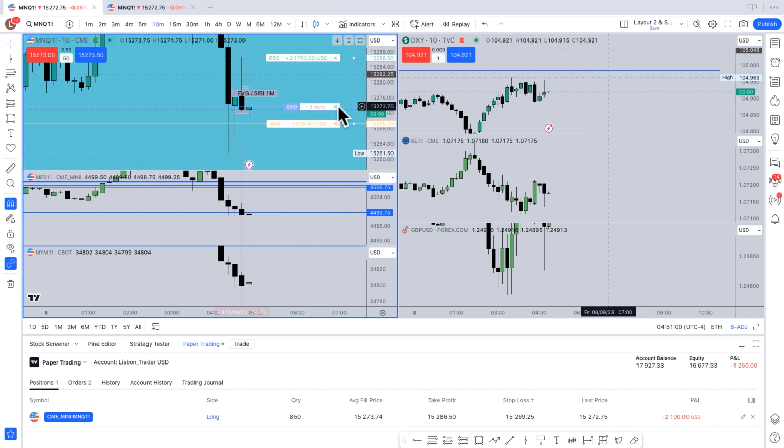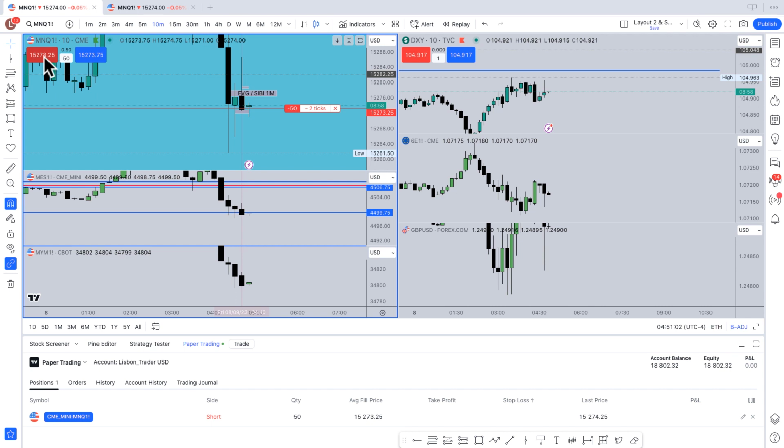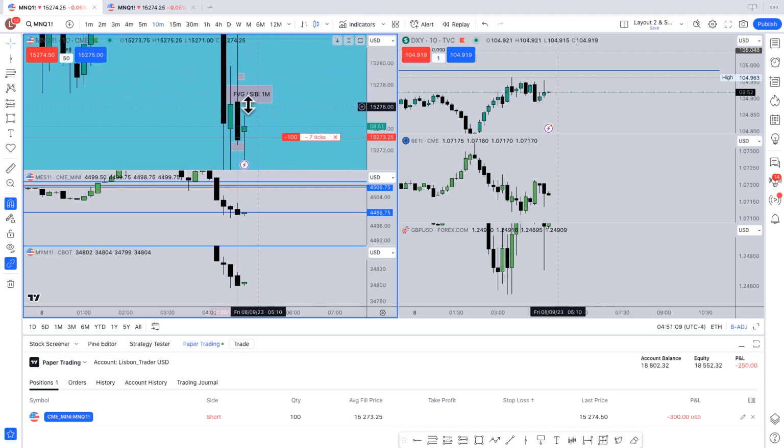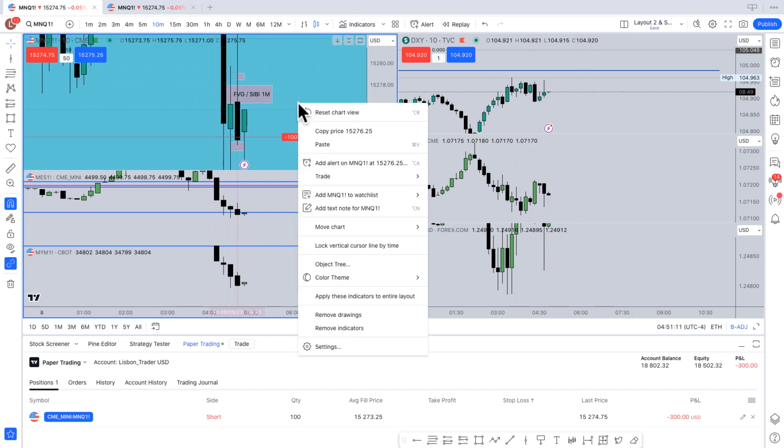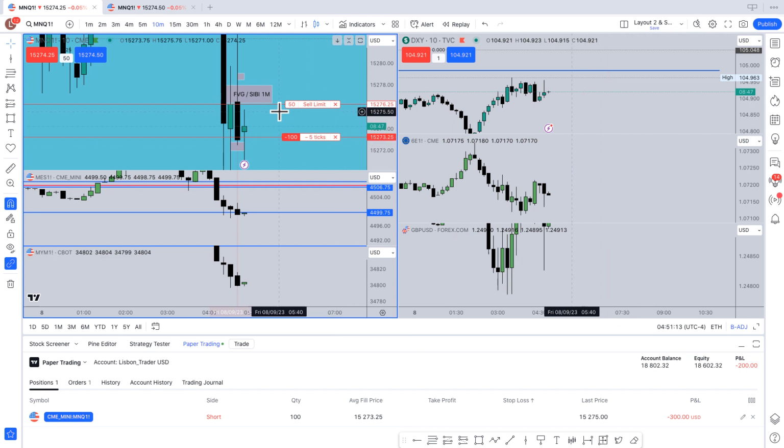Trading against the bias. So at the 10-minute, this CB 1 minute is being respected. So let's keep buying around here.